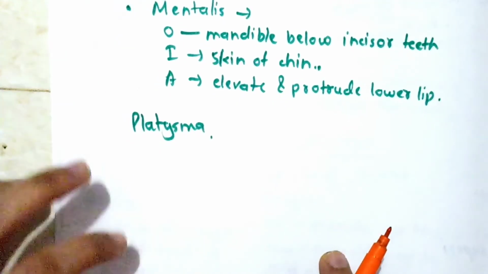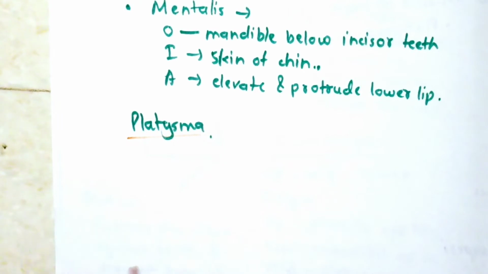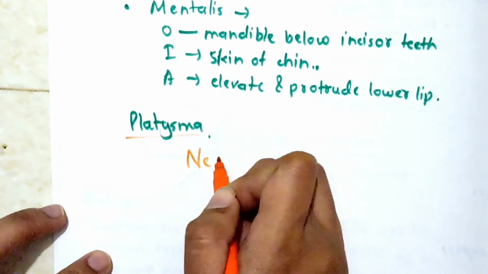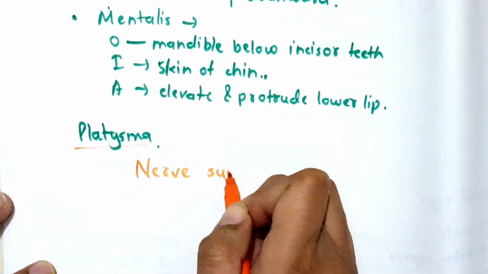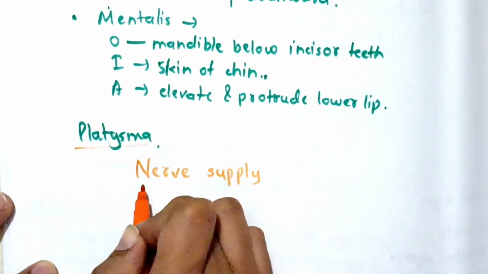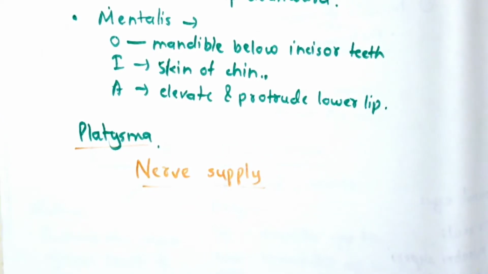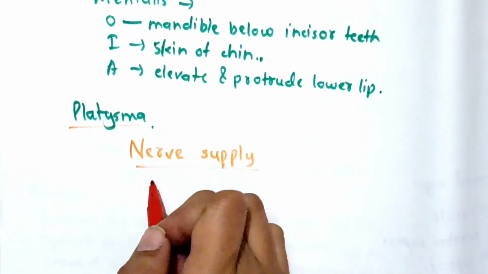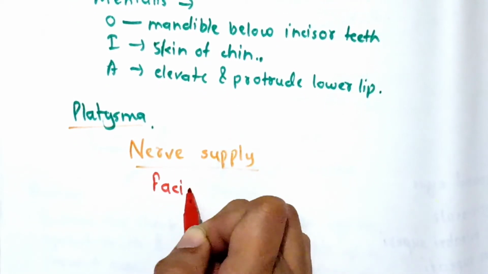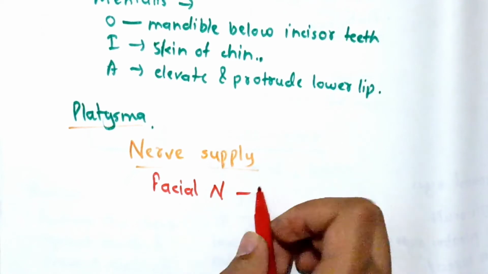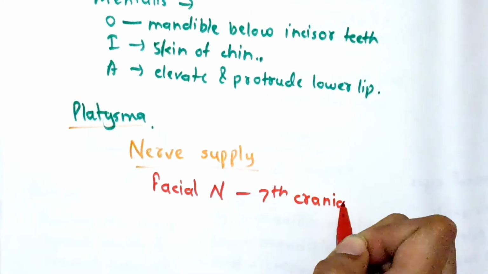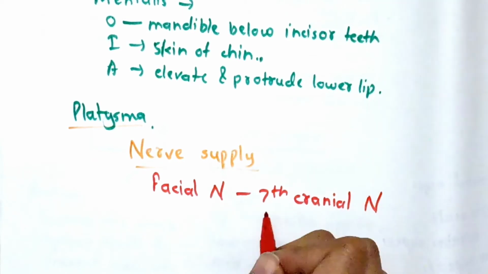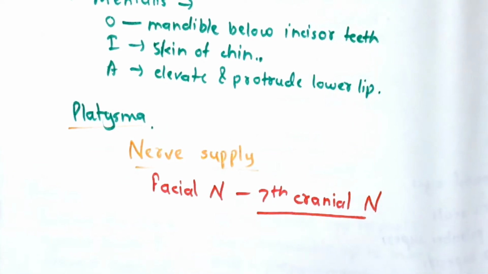Now as we have completed the muscles, let's see the nerve supply. The nerve supply is by facial nerve, which is 7th cranial nerve among the 12 cranial nerves.